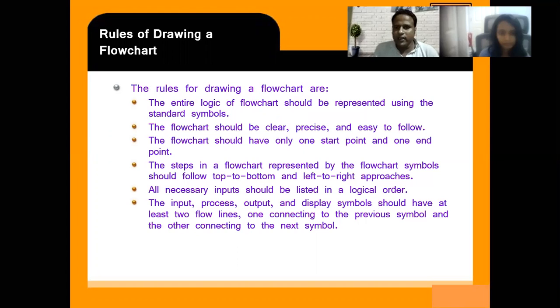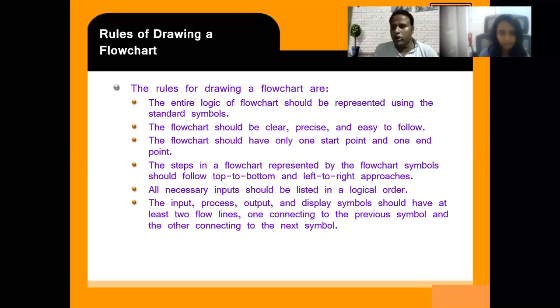The flowchart should have only one start point and only one end point. The steps in the flowchart are represented by flowchart symbols. The symbols we have learned: starting terminator, off-page connector, on-page connector, annotation.